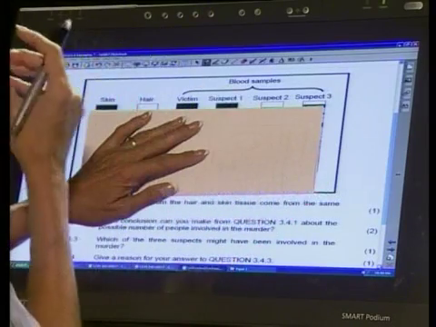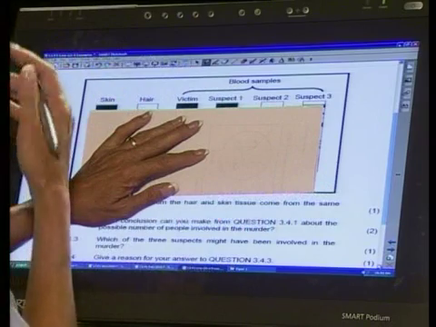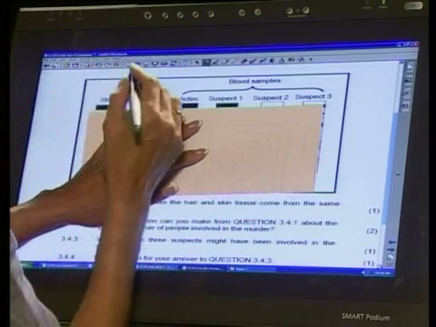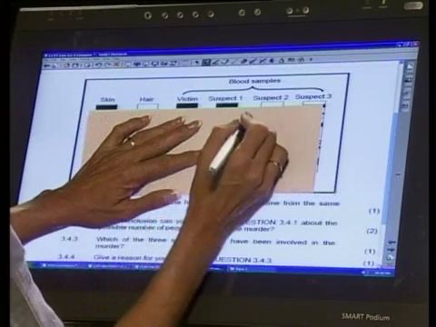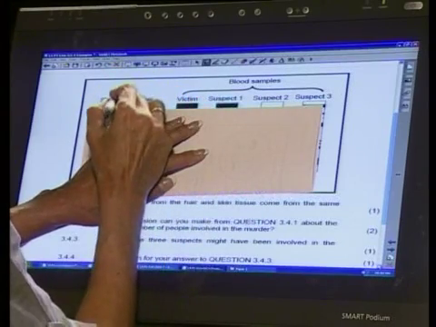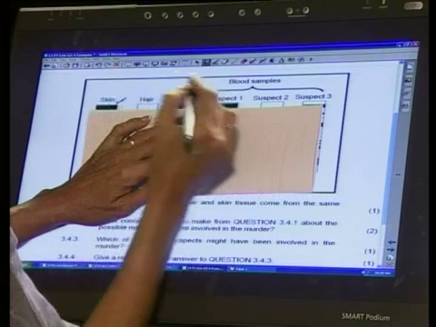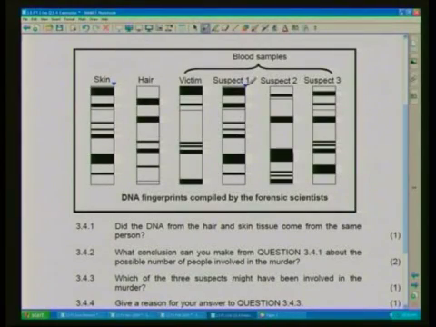Now, in any sample, they're going to look for approximately 4 to 6 similarities. So the first thing we're going to do is look here. We've got that tiny little piece of skin there and that tiny little piece there. We've got the skin here and we have the skin here. So already suspect 1 is looking very suspicious.